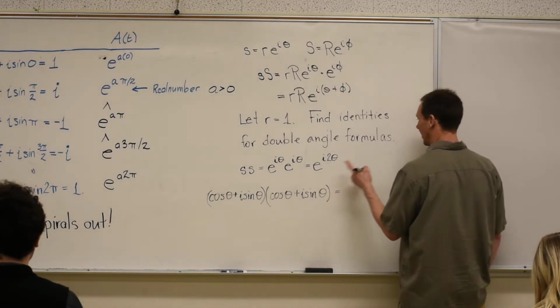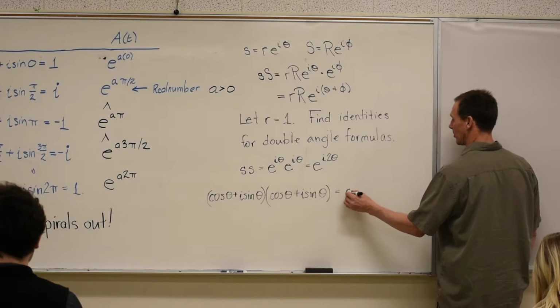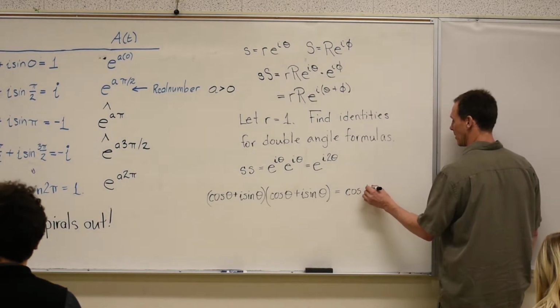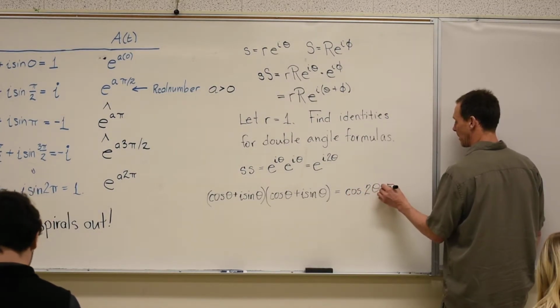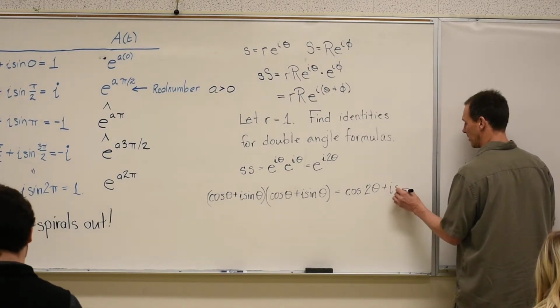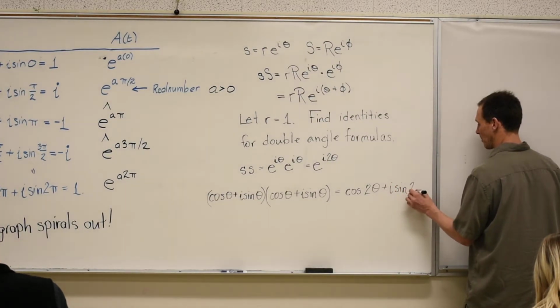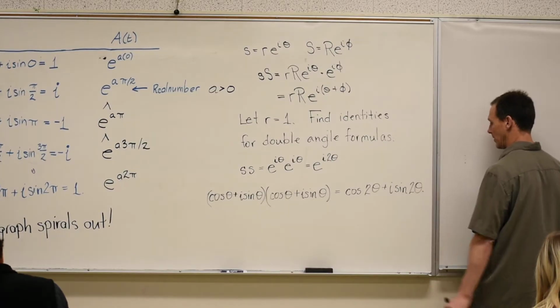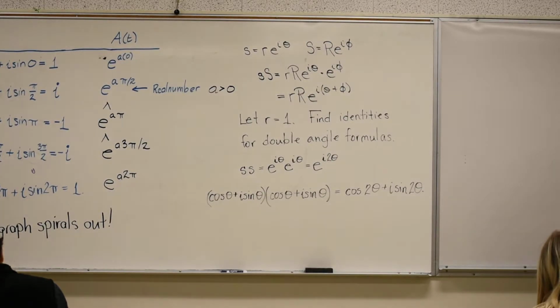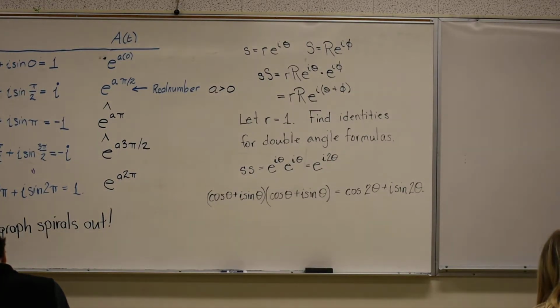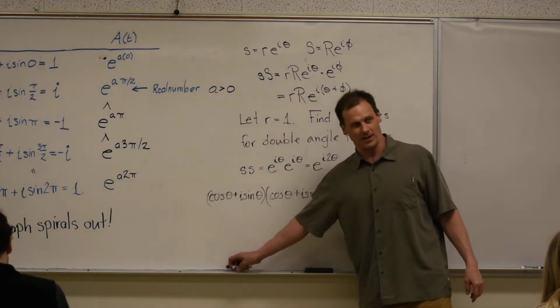And on the right-hand side, let's rewrite it as the cosine of 2 theta plus i times the sine 2 theta. Okay, before we go on, this is not a trick question. This is a need-your-help question, because I have the worst time remembering these.